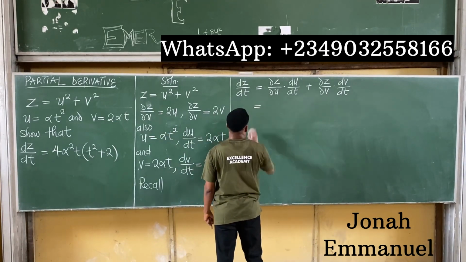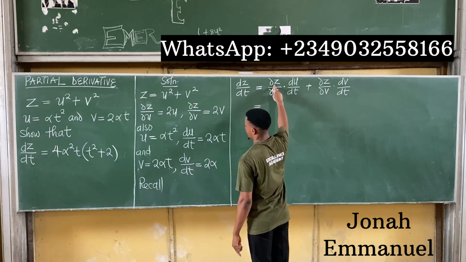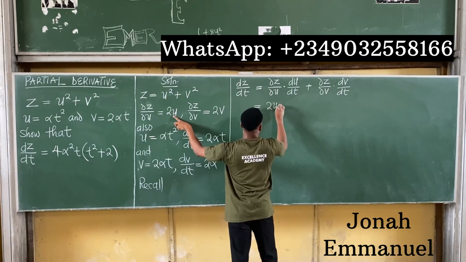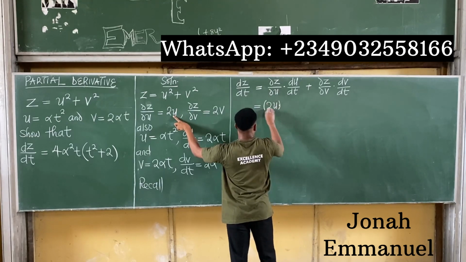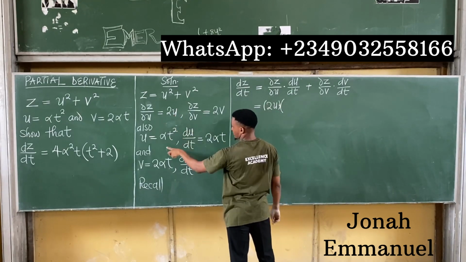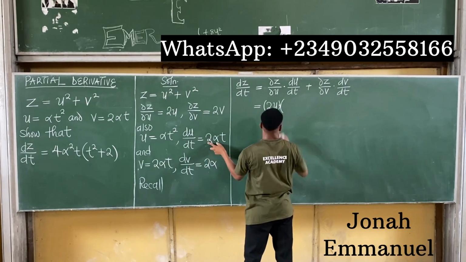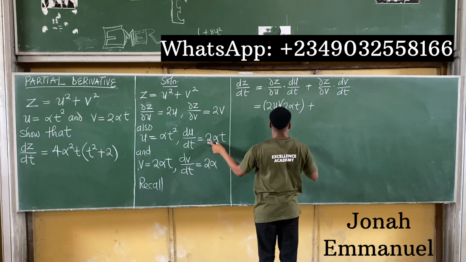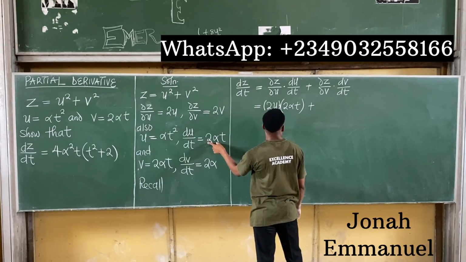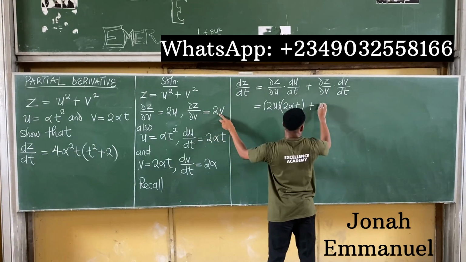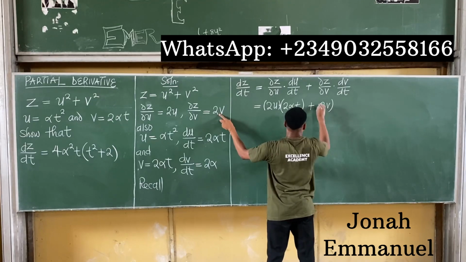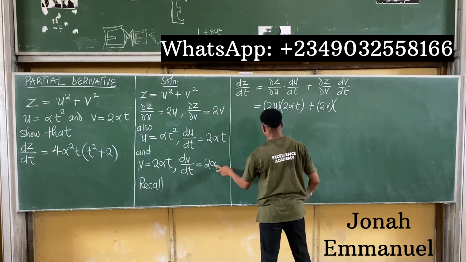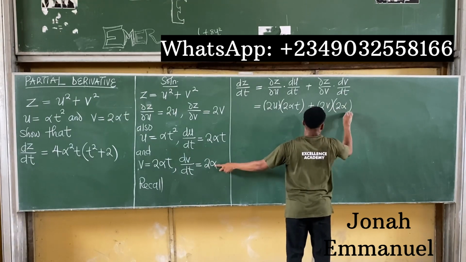If I substitute values, partial z over partial u, that's 2u. That's 2u multiplying in bracket partial u partial t, that's this one here, 2 alpha t, plus partial z over partial v, that's equal to 2v, this value here, that's 2v, total v total t, that's 2 alpha, so it's 2 alpha.